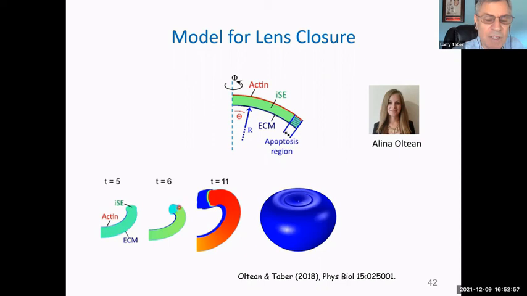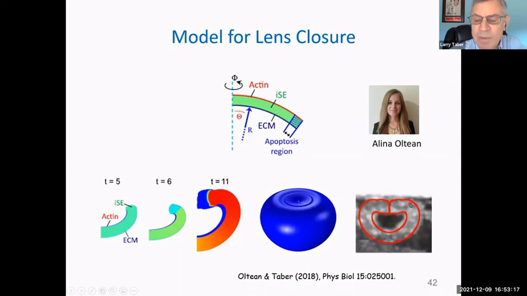And then apoptosis was simulated as a negative circumferential growth around the hole, which is here, and this caused the lens to close. This is a three-dimensional representation of the final shape of the model. And this is a comparison of the cross-sectional shape of the model in red to the embryo, which is shown in these bright colors, and it had a very similar shape to the actual lens.